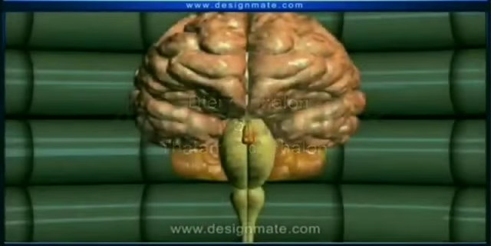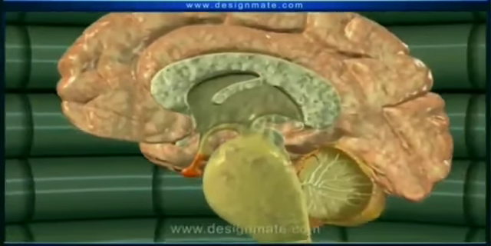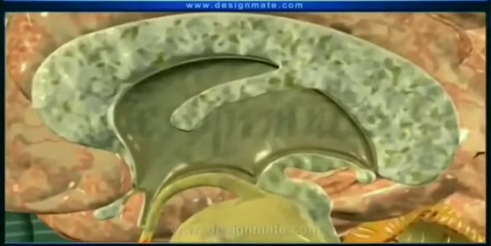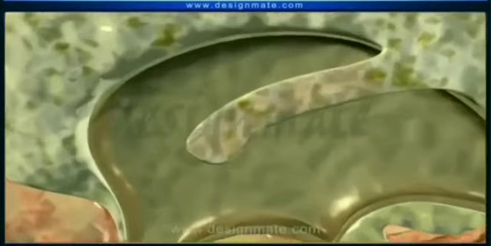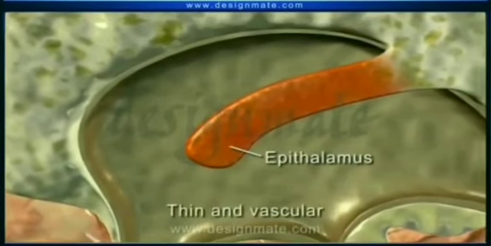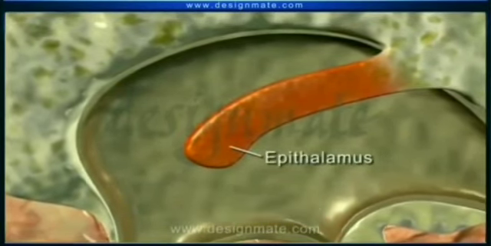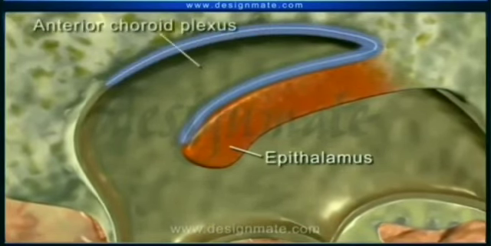Diencephalon or thalamencephalon. It is the part of forebrain that contains epithalamus, thalamus and hypothalamus. First we'll talk about epithalamus. It is the thin non-nervous roof of diencephalon. Anteriorly, it is fused with the pia mater to form the anterior choroid plexus.